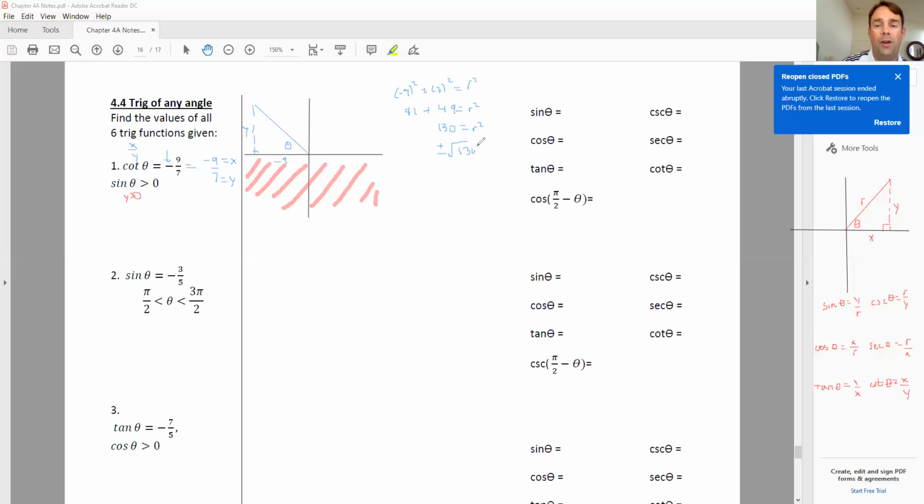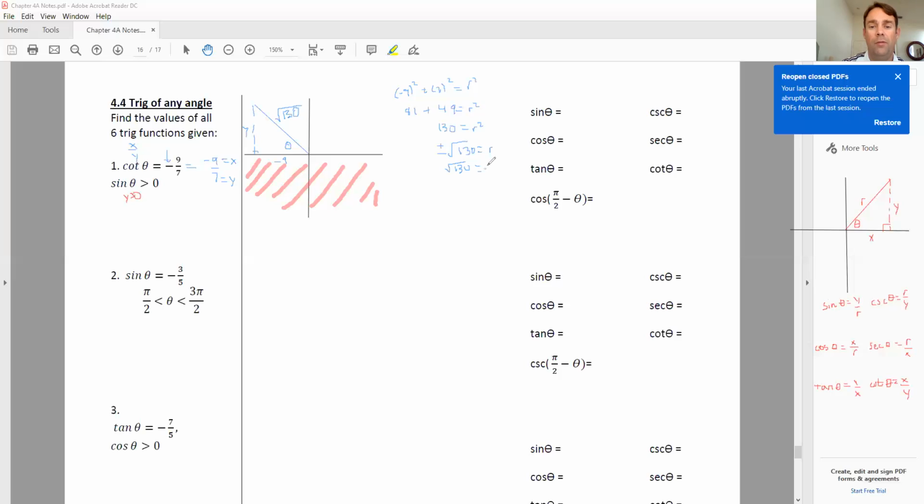Now I put the plus or minus there for a reason, because sometimes it could be a positive, sometimes a negative when I'm doing my Pythagorean theorem. So looking at where I'm at here, would this be a positive root 130 or a negative root 130? Well, unless we're dealing with something called a polar coordinate, our radius is always going to be a positive value. So we're going to take the positive root 130.